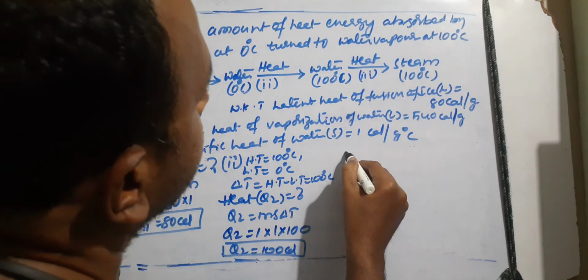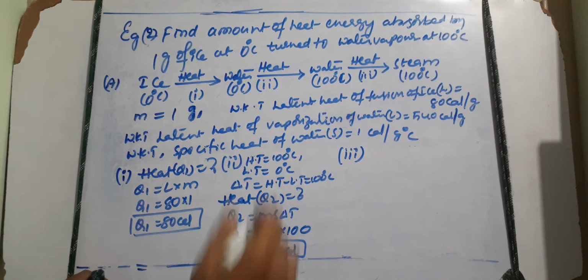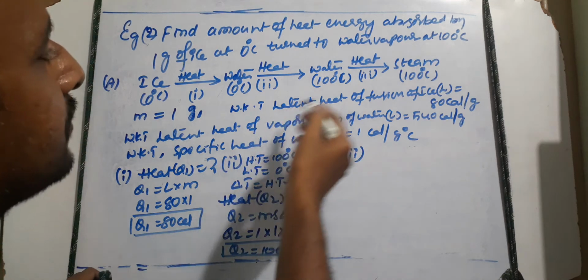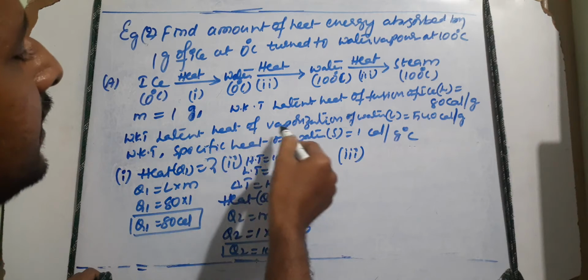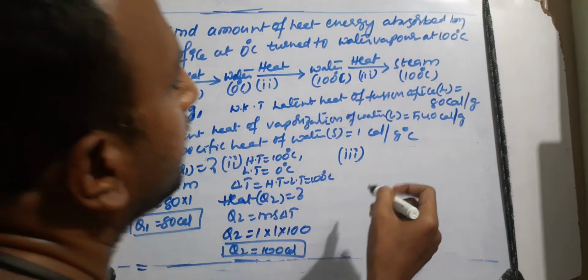Now in stage 3, there is also no change in temperature, but liquid is changed into gas at constant temperature. That is why the water uses heat which is called the latent heat of vaporization of water.